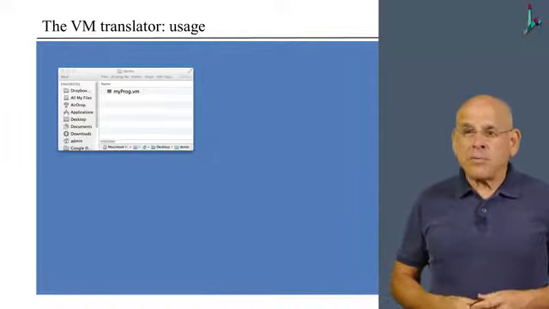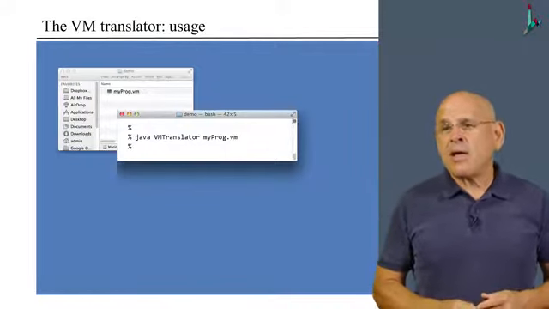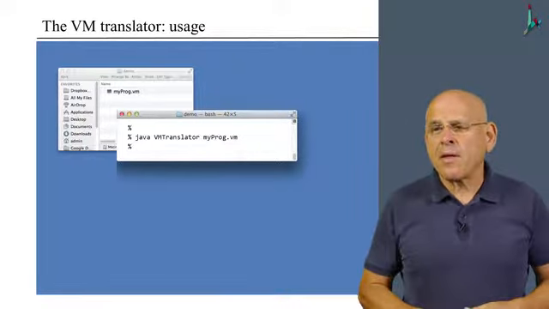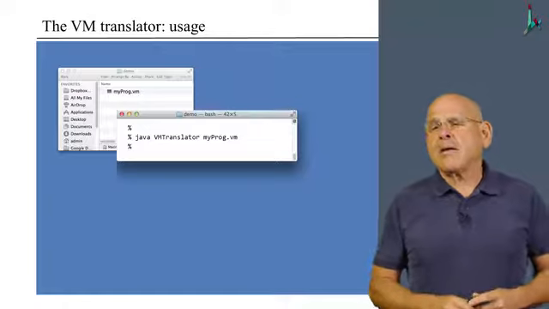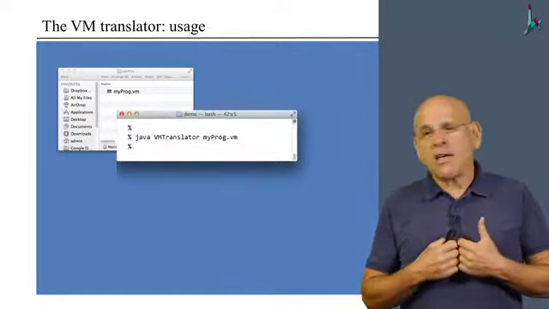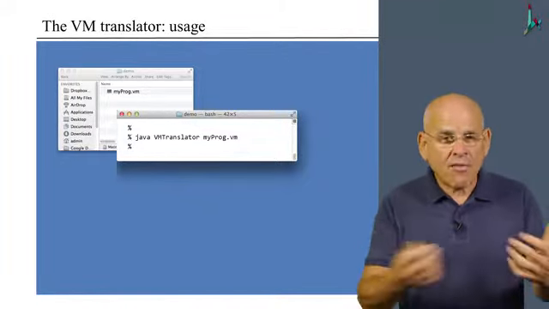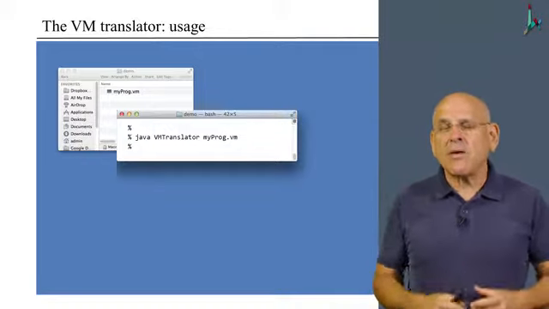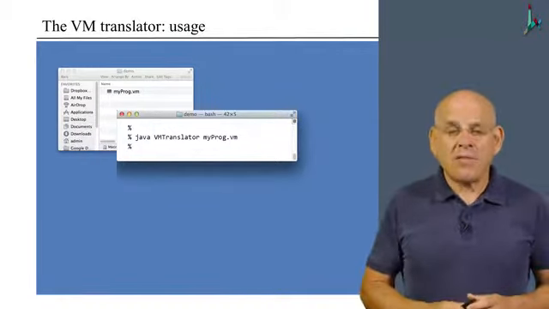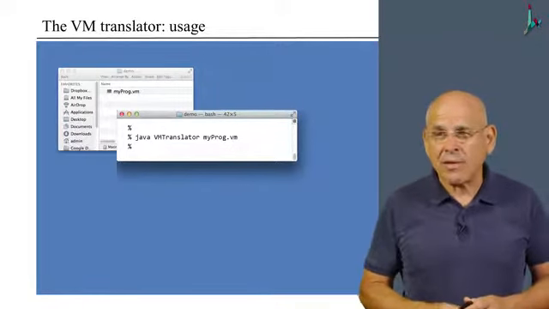Well, on my computer, I open a terminal window. If this were Windows, I would probably do the same using the command prompt. And then, because I wrote this VM translator using Java, I apply the Java runtime system to my VM translator, and I supply the name of the source program as a parameter to my VM translator.